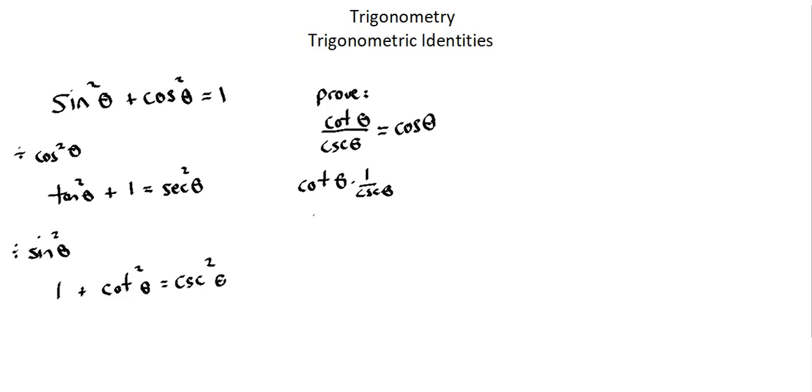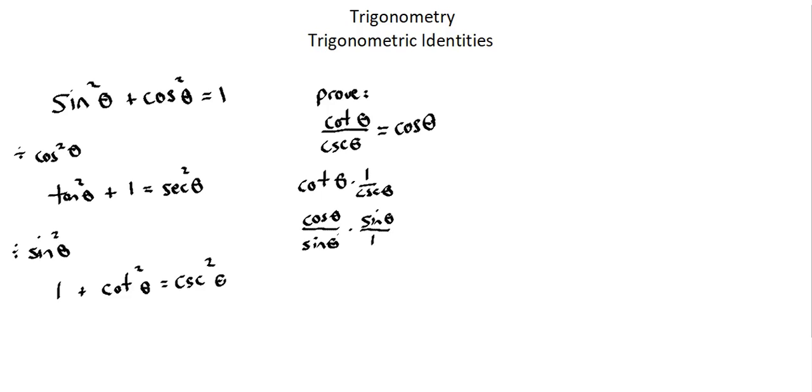And cotangent of angle is cosine of angle over sine of angle. And cosecant of angle is 1 over sine of angle, which is the same as sine of angle over 1.